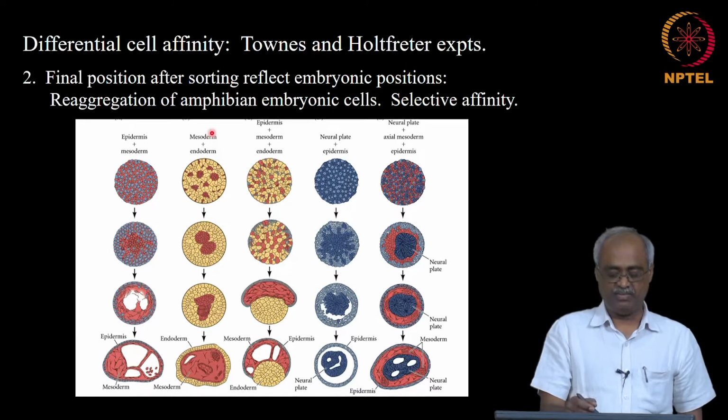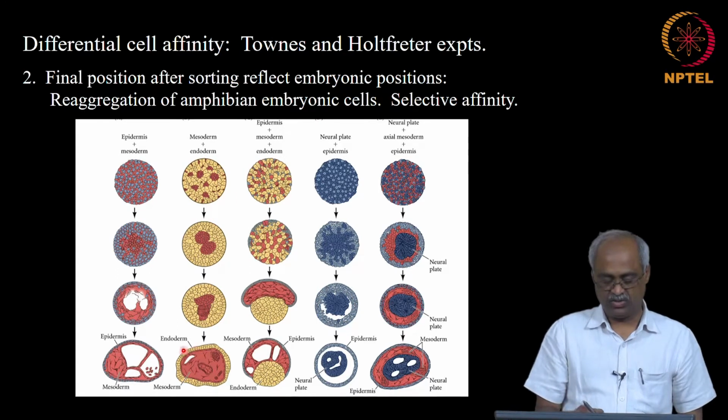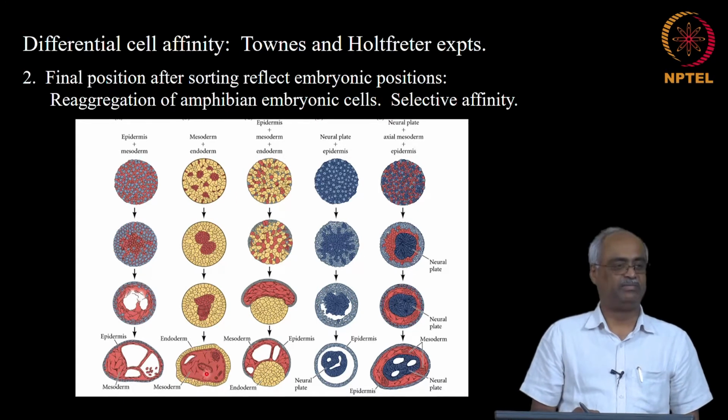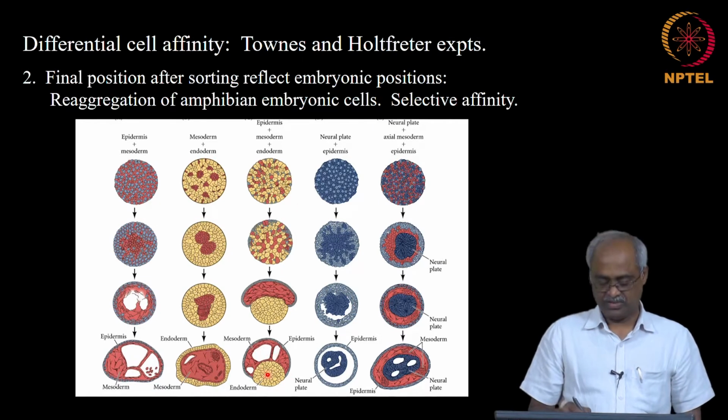Then you do the same experiment with mesoderm and endoderm, and here they separate, but endoderm is outside and mesoderm goes inside when you have these two alone, which is not the embryonic localization. But when you mix all three, then you get the same as what happens in the embryo. So, endoderm, mesoderm, and then epidermis. So, they sort that way.